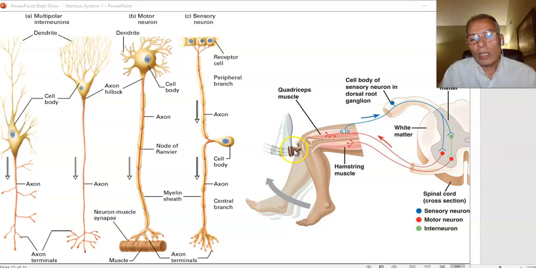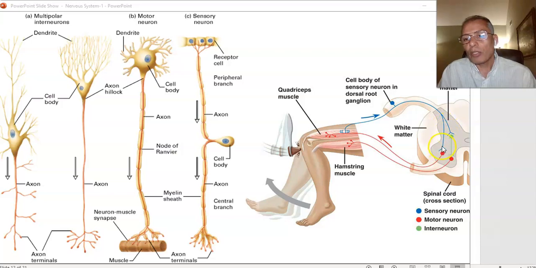So when the tendon below the knee is tapped, that is going to activate the sensory neuron in the quadriceps. The sensory neurons will transmit signals that will go through to their synaptic terminals here at the end.